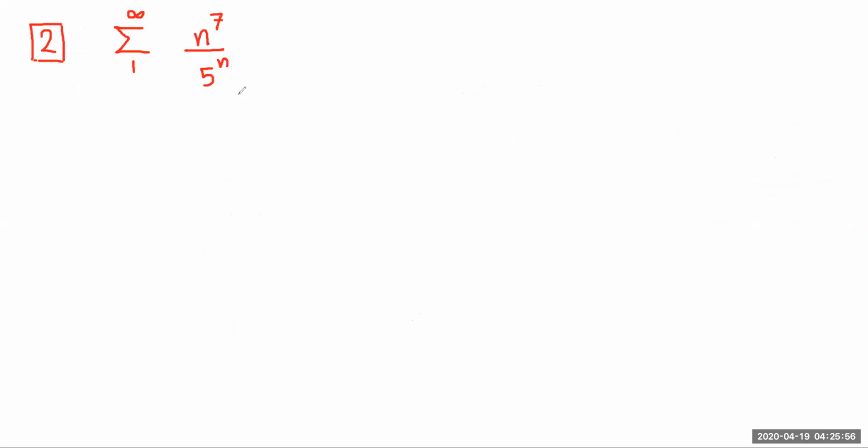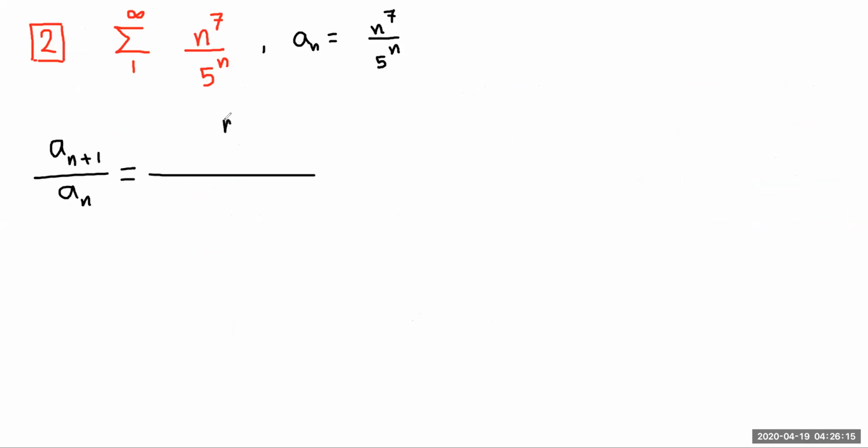Let's see the next exercise. Here I have an, it's n power 7 over 5 power n. So let's calculate an plus 1 over an. It will be n plus 1 power 7 over 5 power n plus 1, over n power 7 over 5 power n.